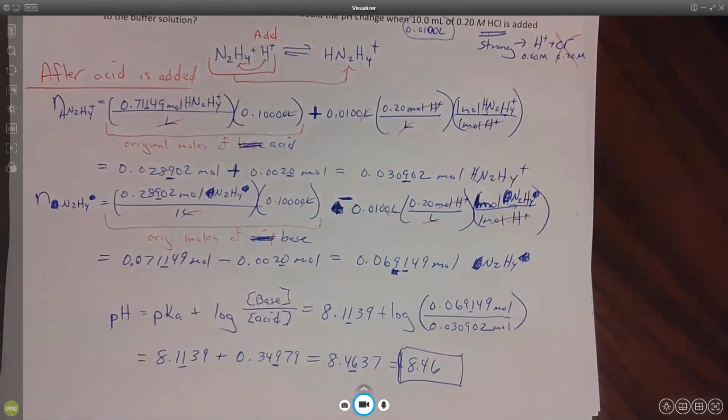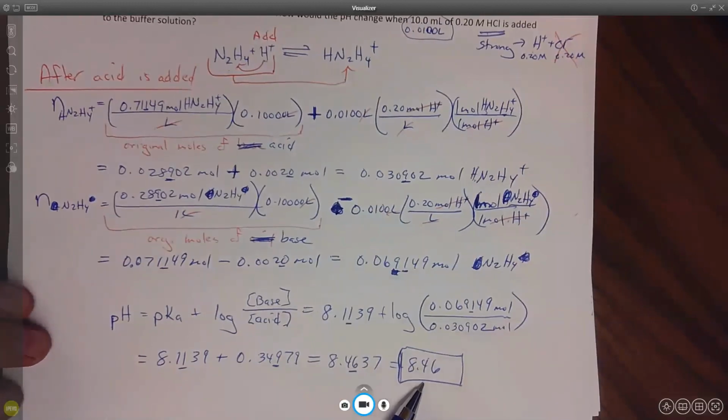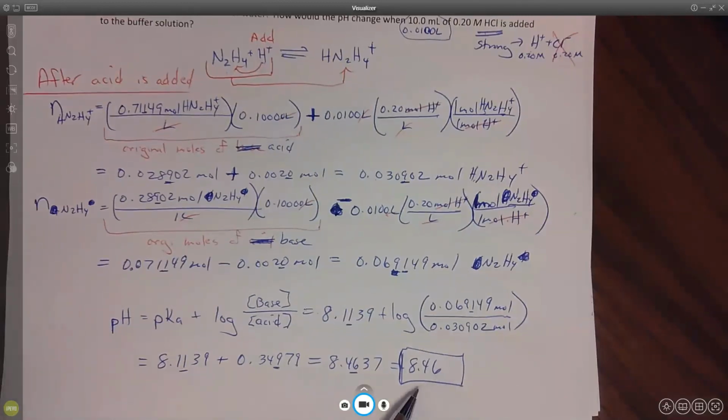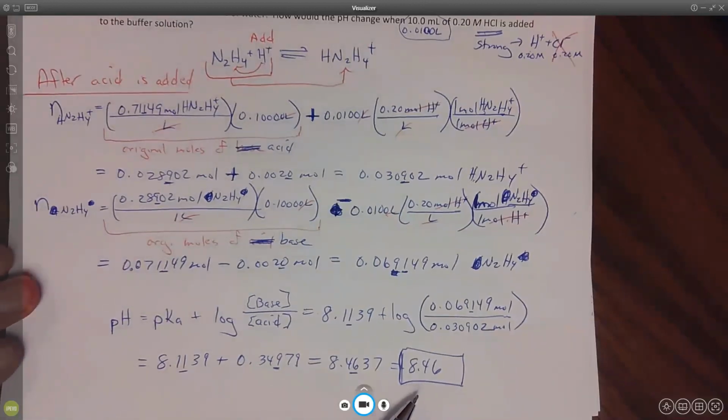So what would we expect to happen to the pH if we added an acid to a basic buffer? What would you expect? What would happen to the pH of a basic buffer if we added an acid to it?